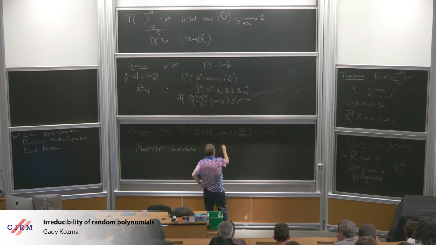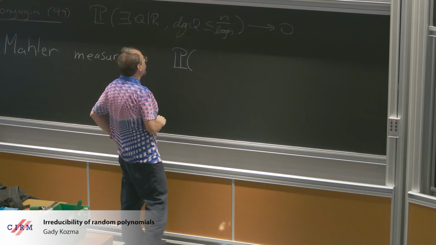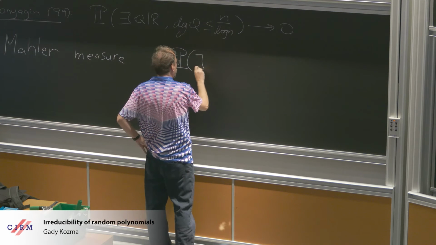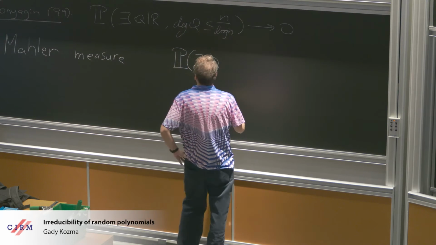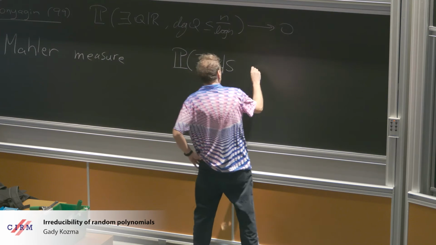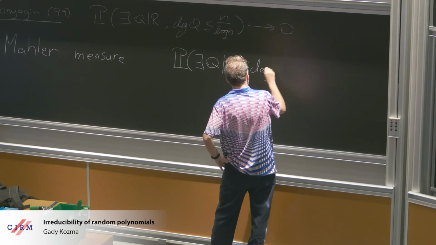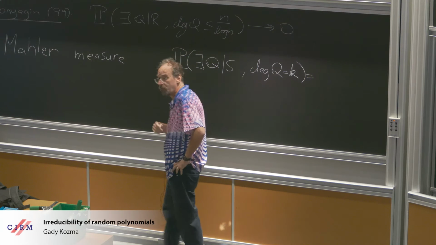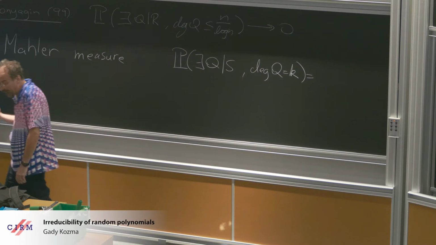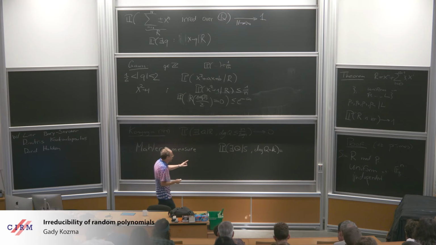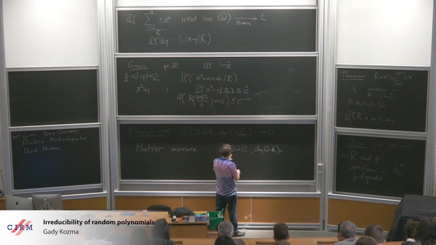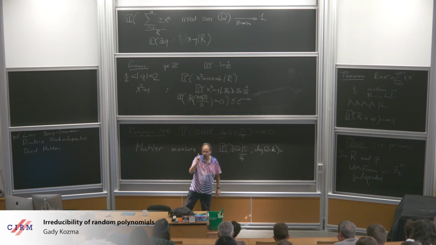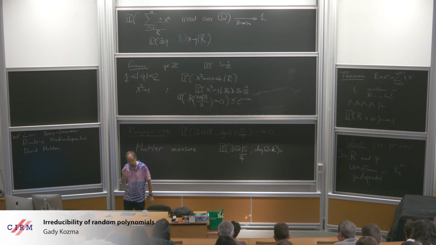So what is the probability that S has a divisor of degree k? For now, sorry, I should say this division is in F_p, not when we started. This divides in F_p.